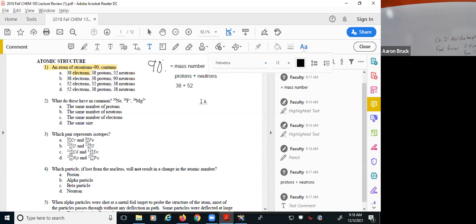If you think that the atomic number is the number of neutrons, C and D make sense. So it really comes down to, again, knowing your definitions and knowing that if we're talking about an atom here, the number of protons and the number of electrons should be the same because atoms are always electrically neutral.